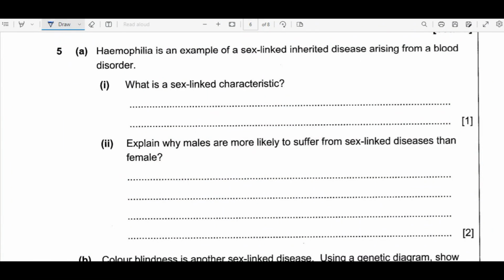Then we move on to question 5a. Hemophilia is an example of a sex-linked inherited disease arising from a blood disorder. What is a sex-linked characteristic?